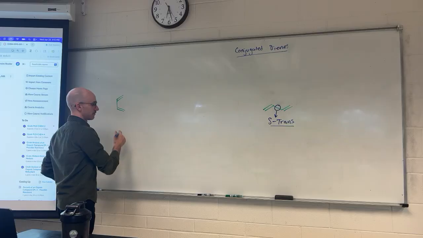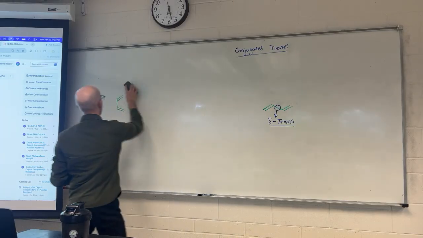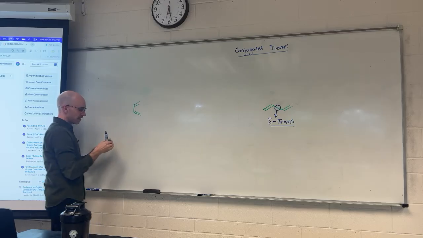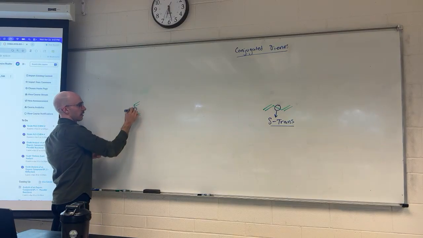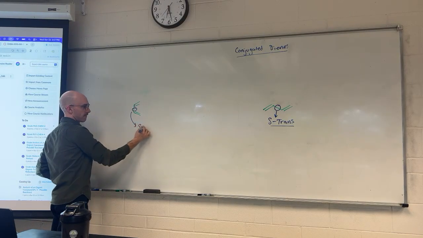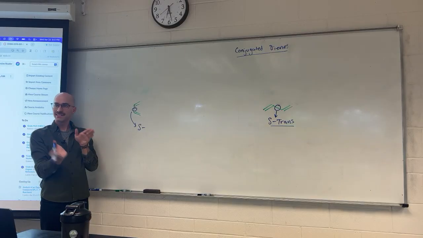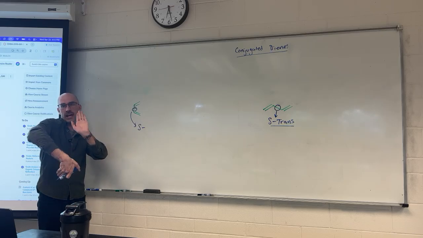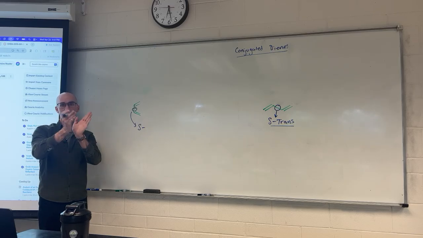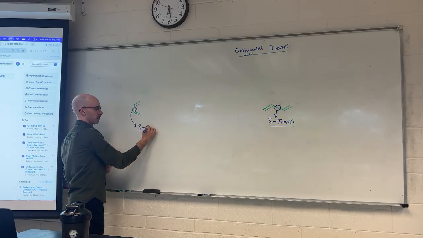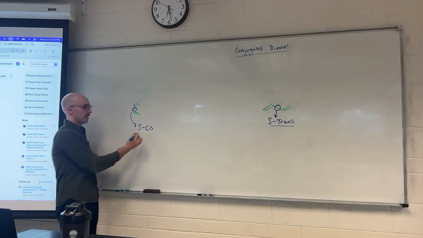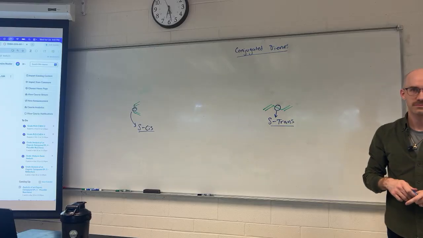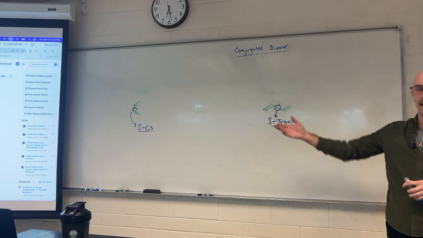But here, relative to the sigma bond, these alkenes are cis to each other. It's a conformational change. This is not a stereo configuration in this molecule. It's just saying if you can rotate around that bond, you go from S-trans to S-cis.